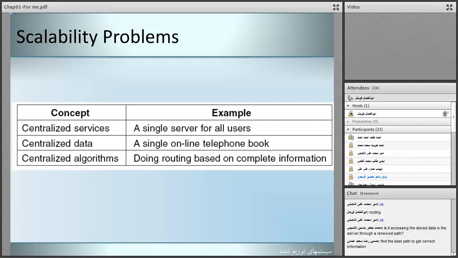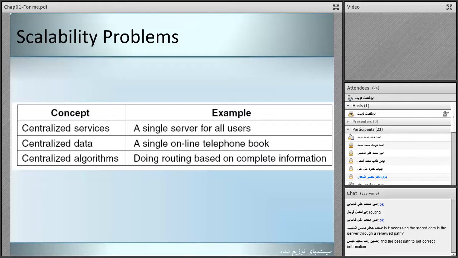We use some algorithms to find this path. If our routing algorithms are stored in one single server, centralized algorithms, then it will decrease the performance. Why?